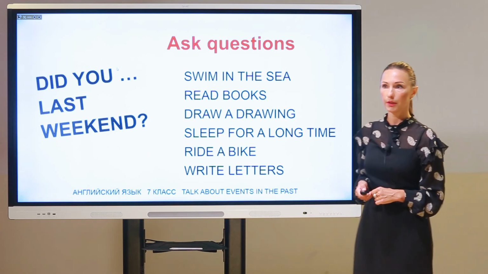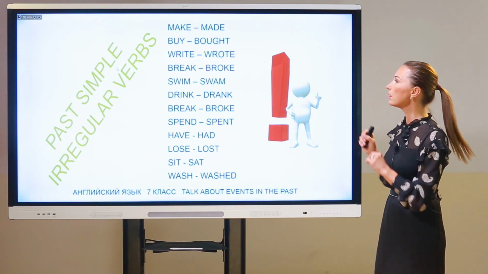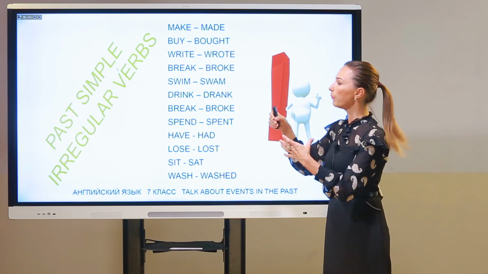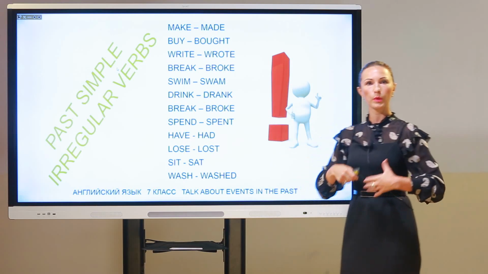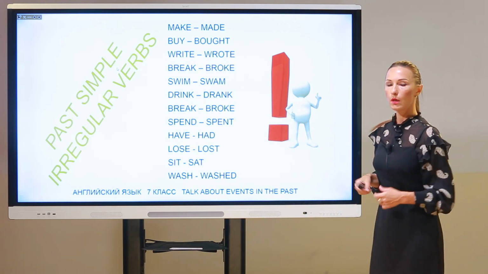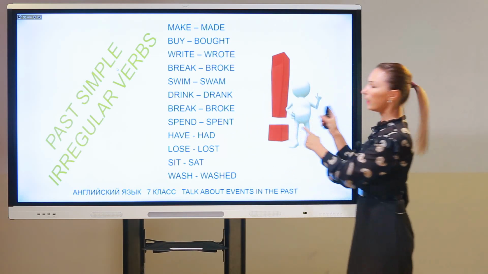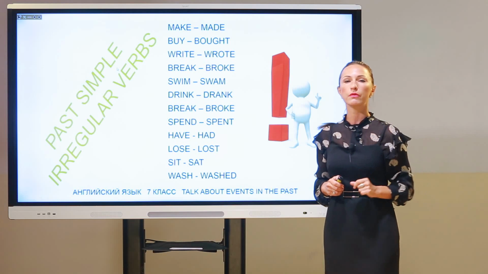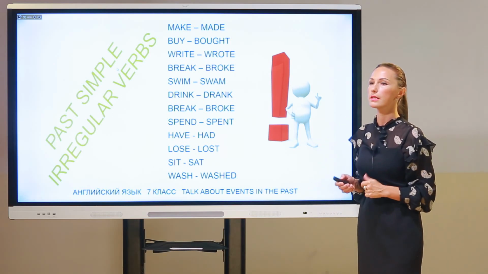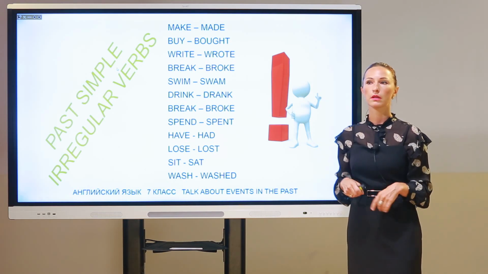Okay, guys, thank you. And now look at this group of words. This is a new group of words. And we are always in past simple, and we are working with irregular verbs. What do we see? We see the first form of the verbs and the second that we should memorize. We'll read them together to use them after in one exercise. Together, after me. Make, made.